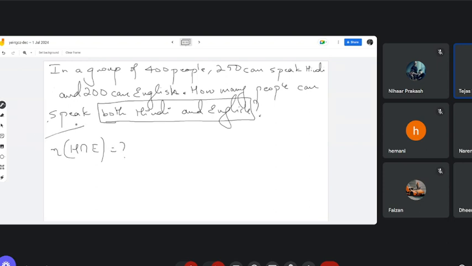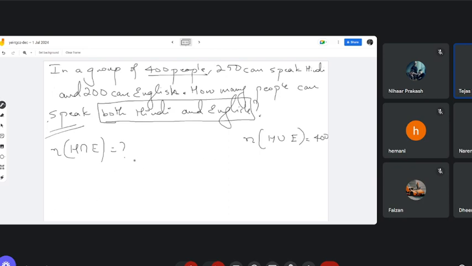Totally, there are 400 people. So N of H union E is 400, which means amongst these 400, some people speak Hindi, some speak English. Combine them, it's 400, because in the institution, let's say, there are 400 people.